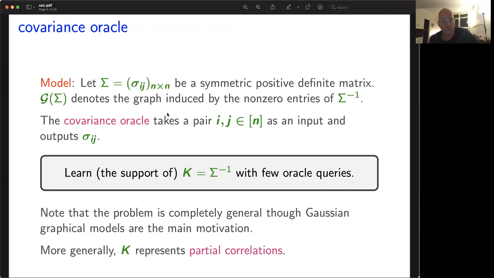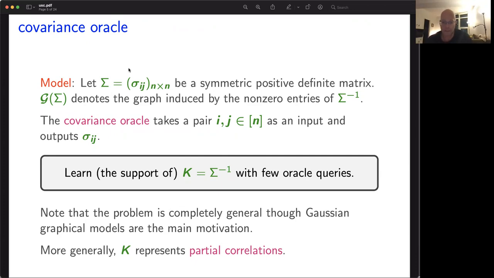So we can always ask the oracle entries of this matrix, and what we would like to do is to learn the support of the inverse of this matrix with as few oracle queries as possible. Please interrupt me if the question is unclear. So the algorithm at each step can ask: please tell me what's the entry of this matrix at, let's say, row 500 and column 59.